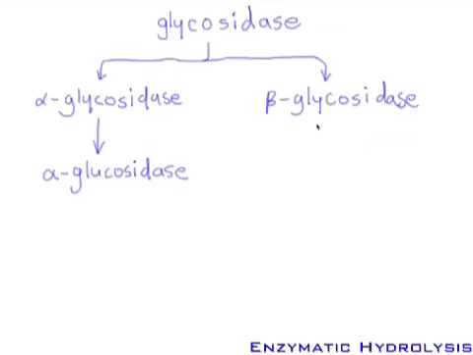Beta glycosidases can be subdivided into other enzymes. Beta glucosidase, for example, would be far more specific than saying beta glycosidase. You may have beta glucosidase, or you may have a beta galactosidase.